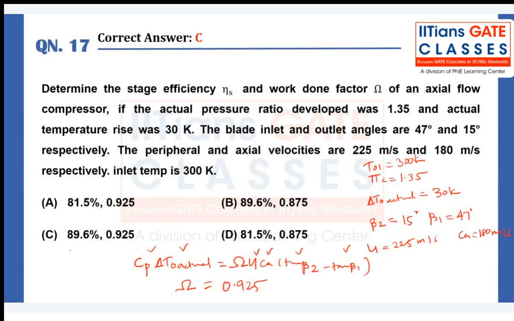So 89.53 is close to 89.6 and 0.925. So option C is correct. This is a simple problem based on basic formulas. In case you are having any doubt, please stop me there.